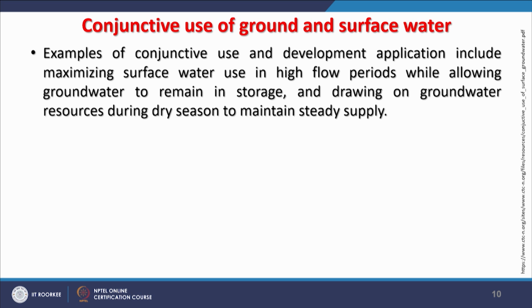Groundwater should be only withdrawn, drawing on groundwater resources, during the dry season to maintain steady supply. So, when you are having surface water bodies, use them. These surface water bodies will also recharge the groundwater body.